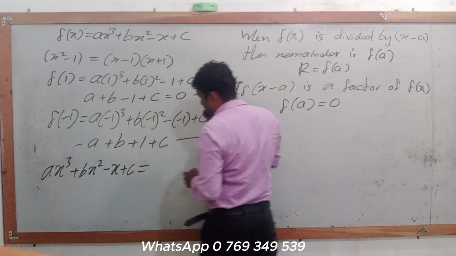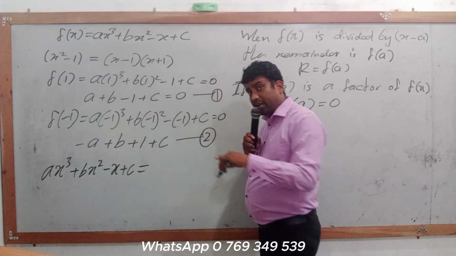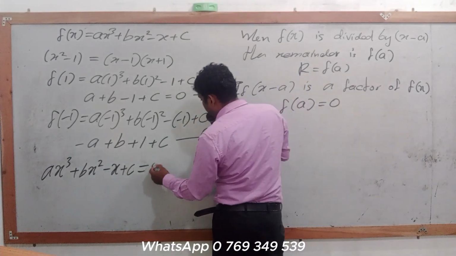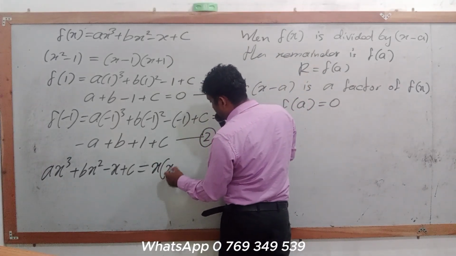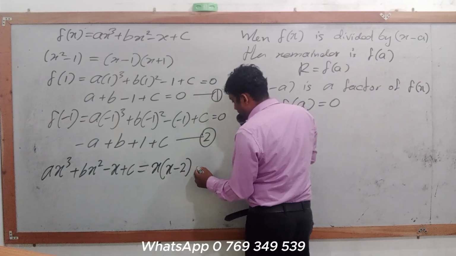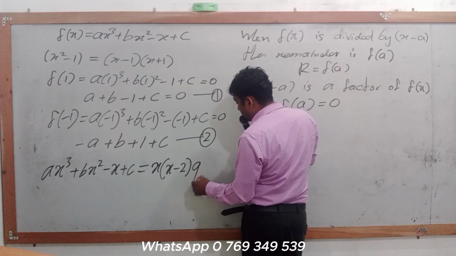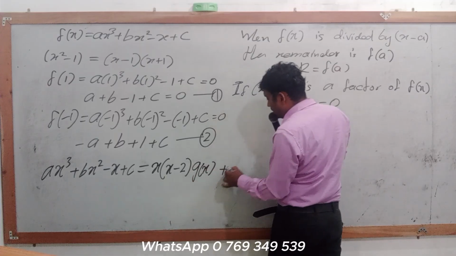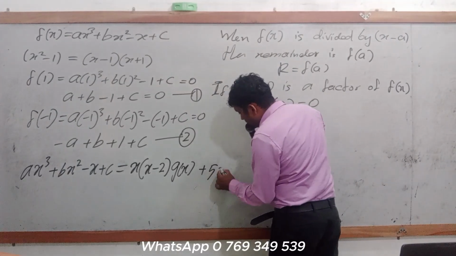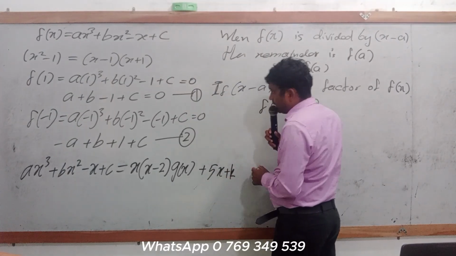Dividing by x square minus 2x, we can write x times x minus 2, with quotient g(x), and remainder 5x plus k.